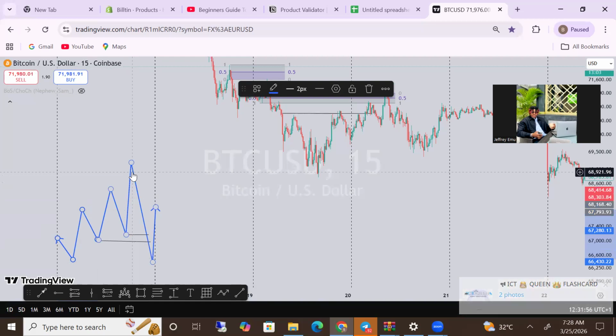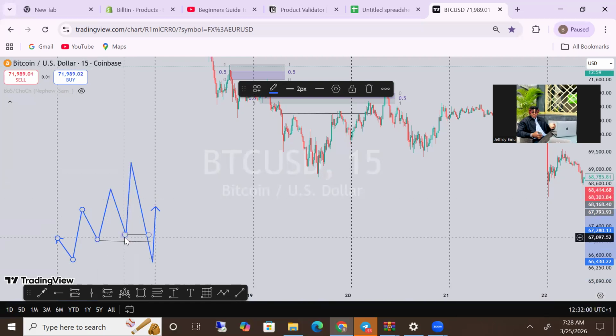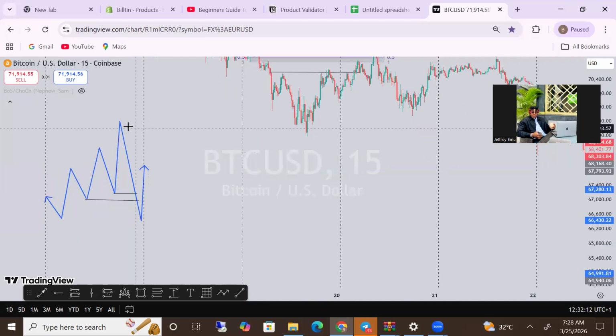Then now there's a push to the downside aggressively, leaving these candlesticks that are going up, which are going to be seen as green candlesticks. So these green candlesticks are going to be seen as bullish candlesticks.